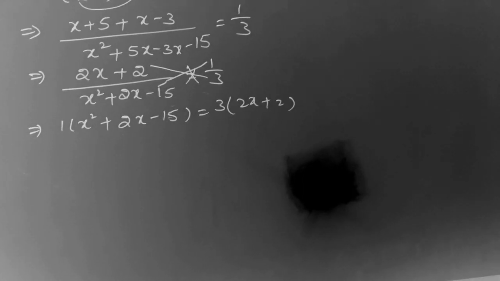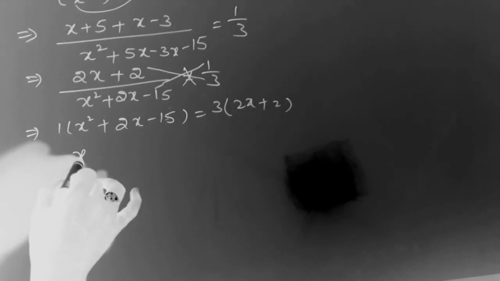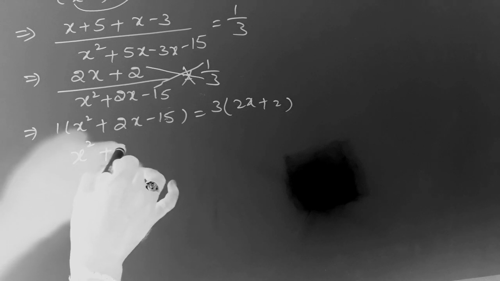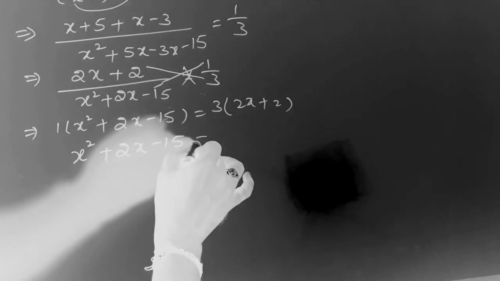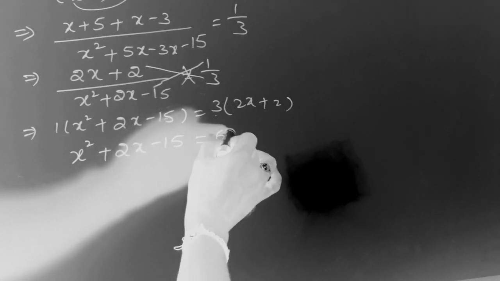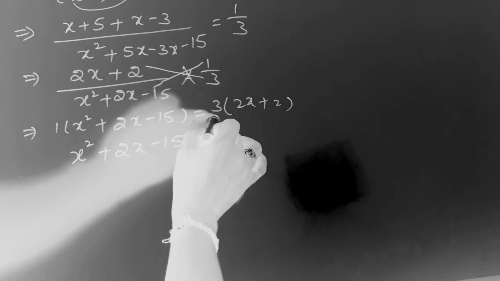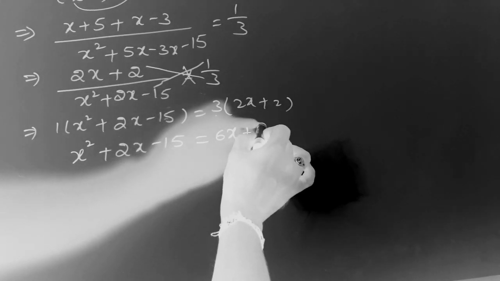Now we will see the product. 1 into x square is nothing but x square itself. 1 into 2x is 2x. 1 into minus 15 is minus 15. On the right side, 3 times 2 is nothing but 6. X is there, you keep that x. So 3 into 2x is nothing but 6x.